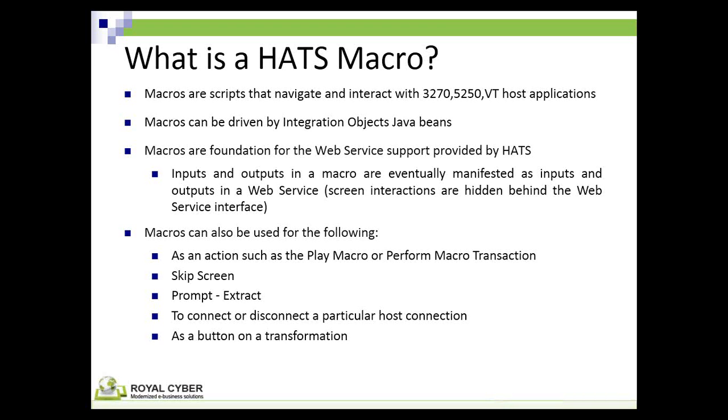There are different ways to create a macro and modify that macro. One option is the HATS terminal. We will come to it later in our live demo, where I will show you how you can create your macro using the HATS terminal. Once your macro is created, if you want to modify it, you can simply double click that macro, and there will be an editor where you can edit it.